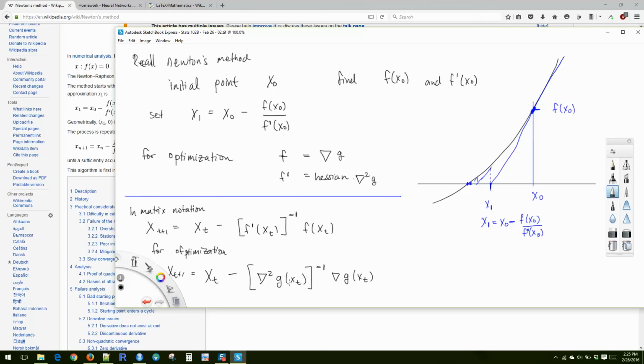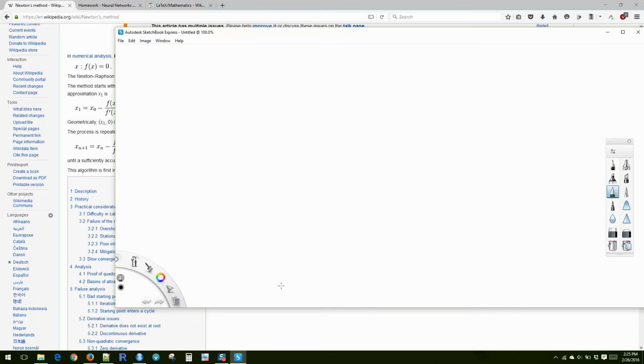We can do something similar for calculating the Hessian. And this is what the BFGS algorithm does.